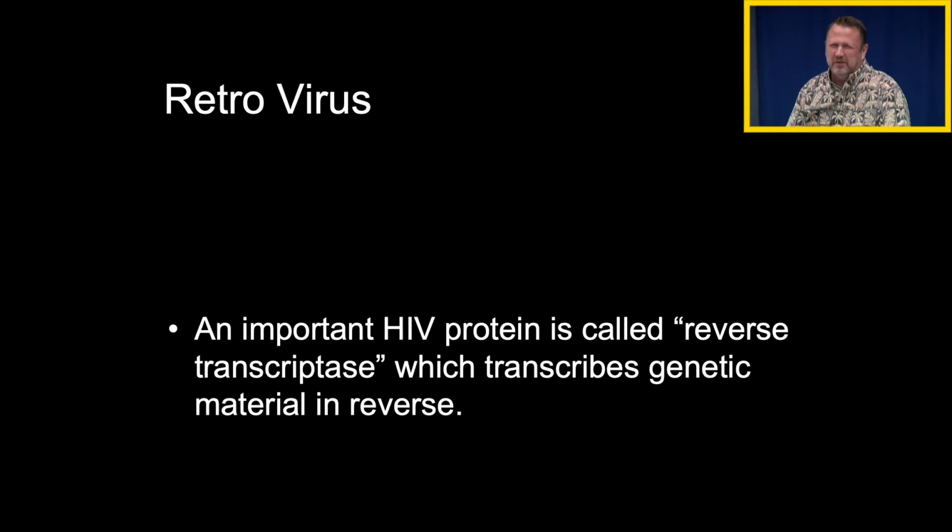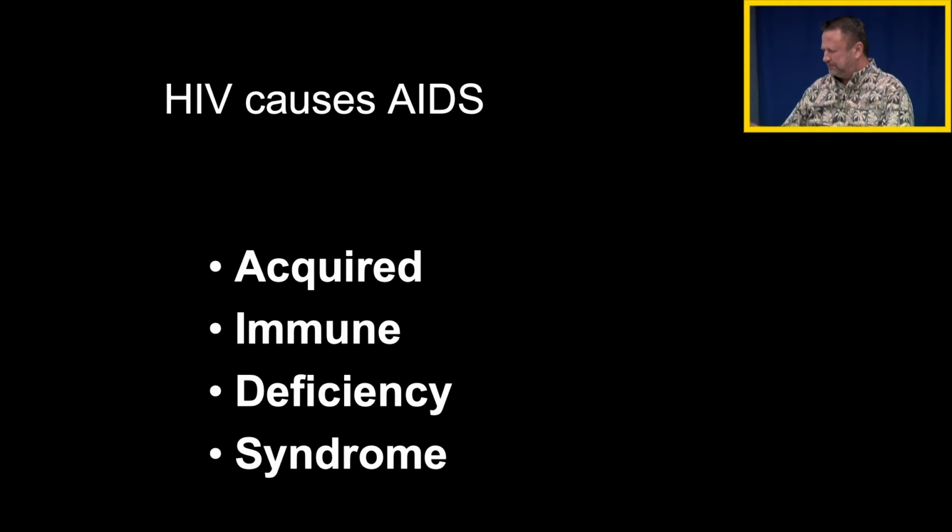And you'll also hear that called antiretroviral therapy. HIV causes AIDS. So the virus is human immunodeficiency virus. AIDS is acquired immune deficiency syndrome. Again, acquired because we acquire it through a virus and causes deficiency to our immune system.